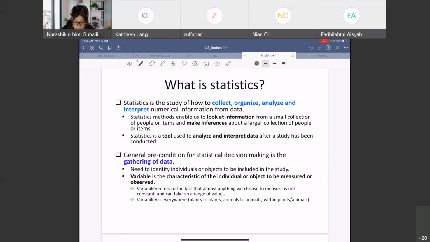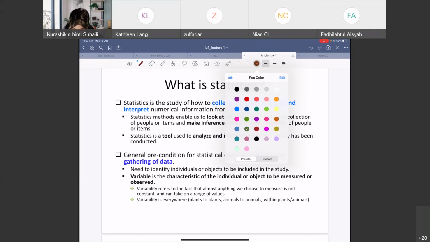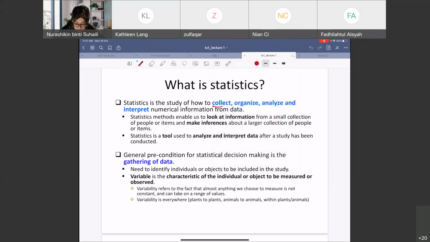Collection means when you want to get the data, you have to collect it. We call it data collection. And the way you collect the data, there is a principle, a method of it, and it is covered in the field of statistics.